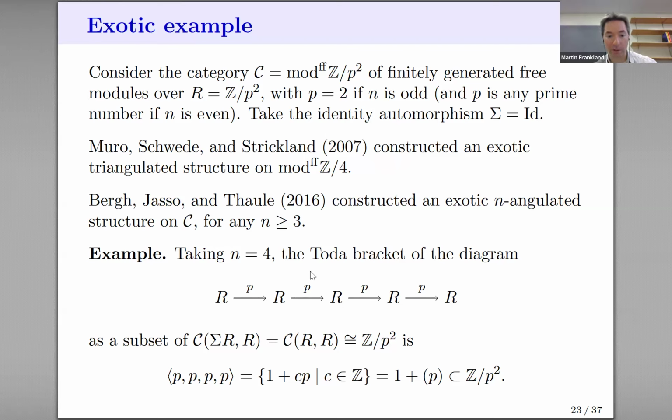The total bracket of this diagram right here is just the coset of multiples of p shifted by 1. So anything of the form 1 plus p modulo p squared. And now this is not a coincidence. We started with a 4-angle, and we see the identity in the total bracket. So that's foreshadowing for a few slides from now.